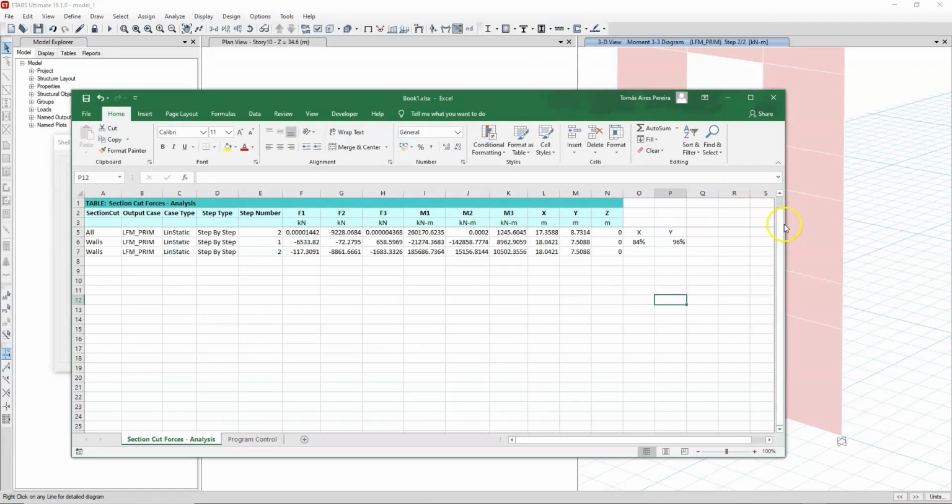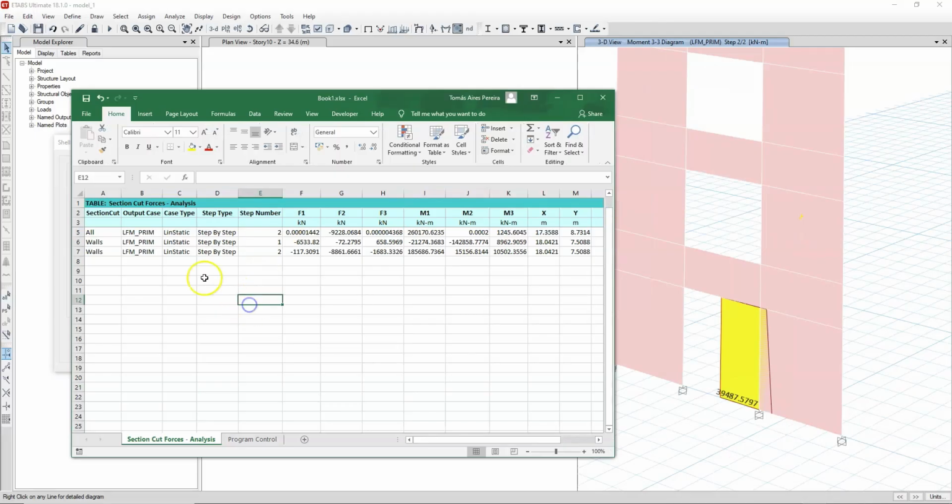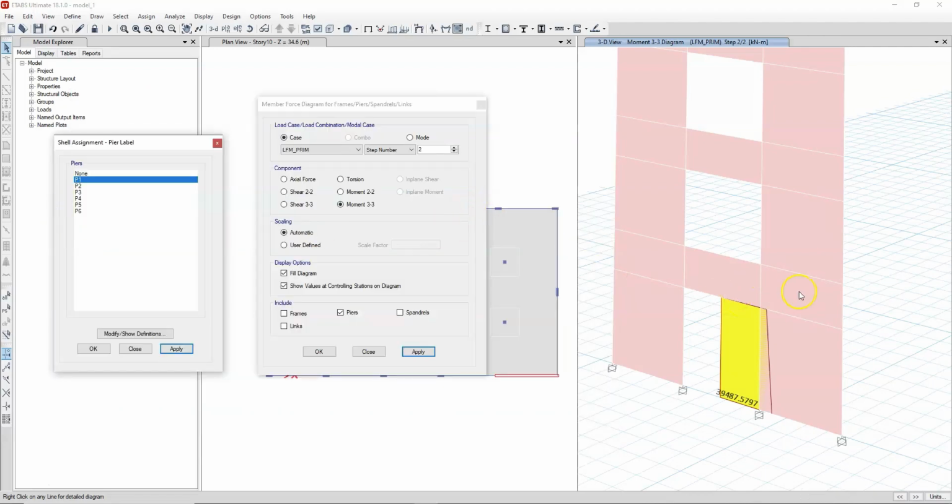We can note in our Excel sheet that the total moment here is 39,487.6 kilonewton meters. This is the global moment, and now the goal is to look at the isolated individual moments of each of these walls.